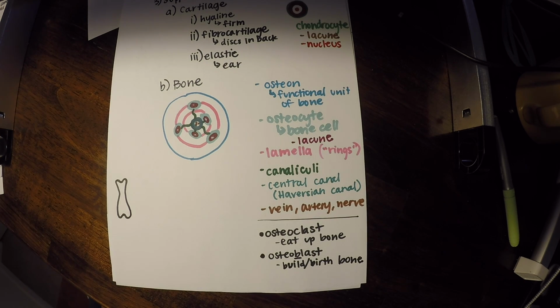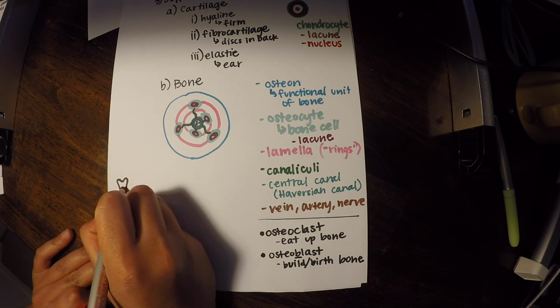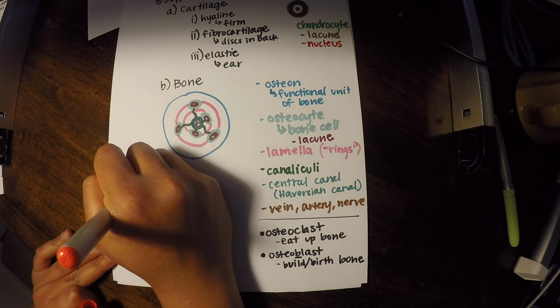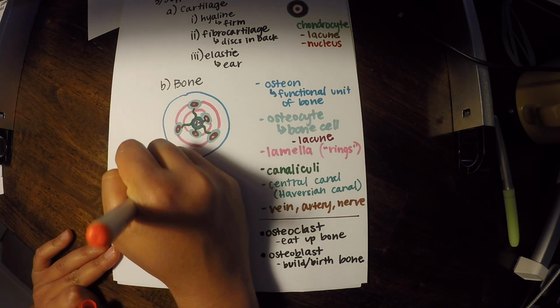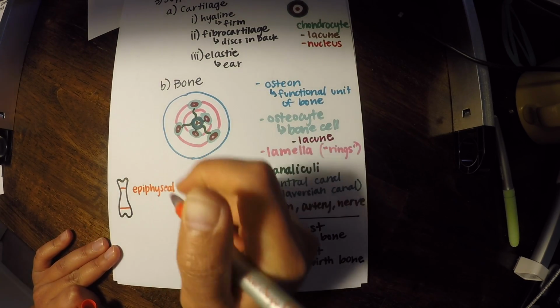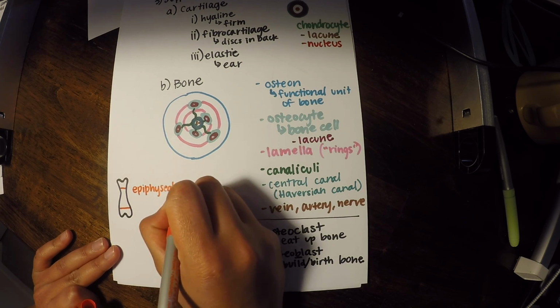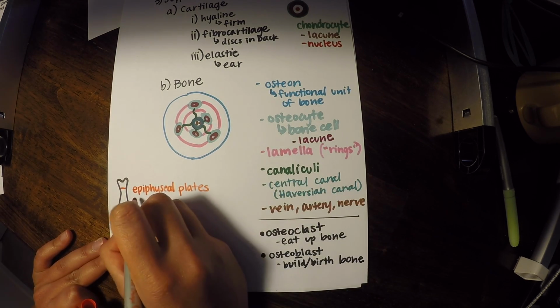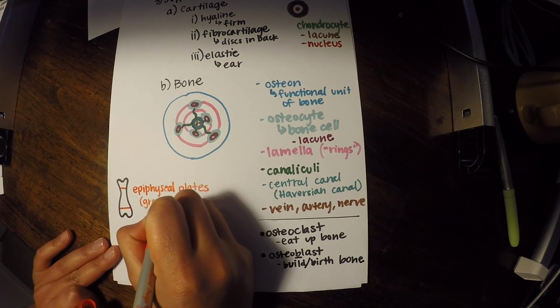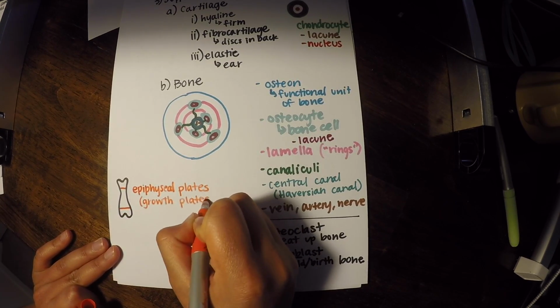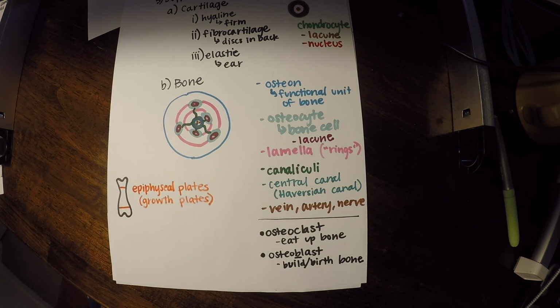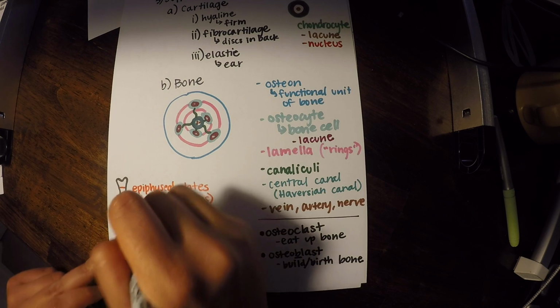And within that, we're going to have our growth plates or epiphyseal plates. Which are also known as growth plates. And it's important because those are cartilage. So that's a place where bone and cartilage kind of come together.